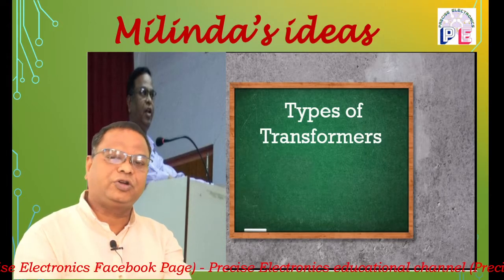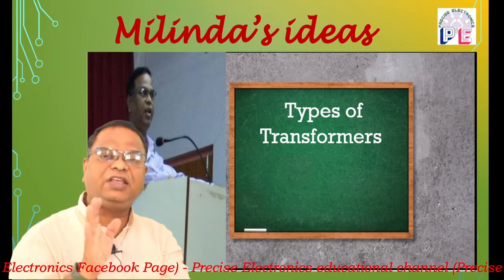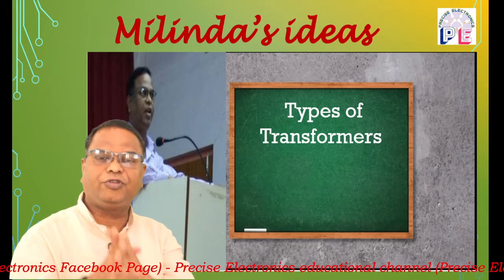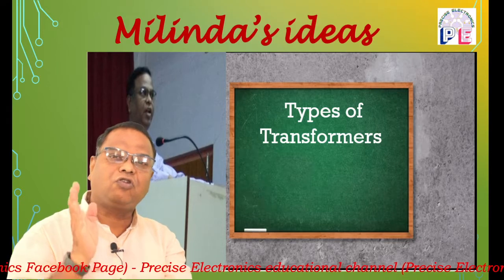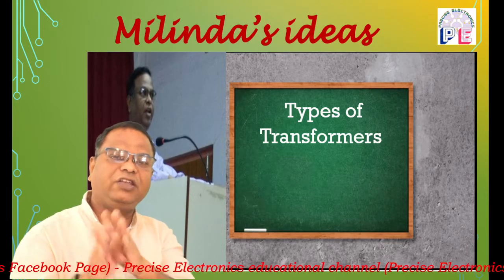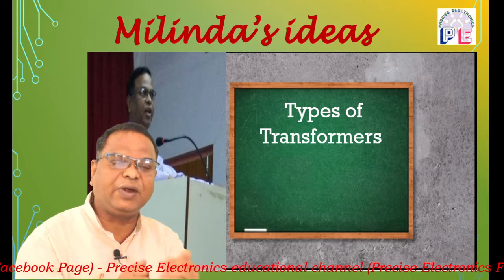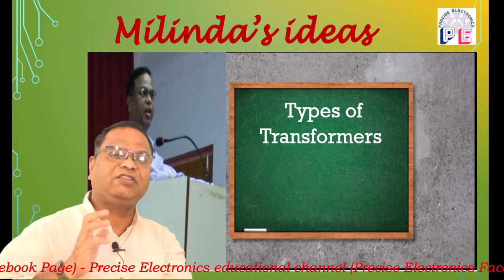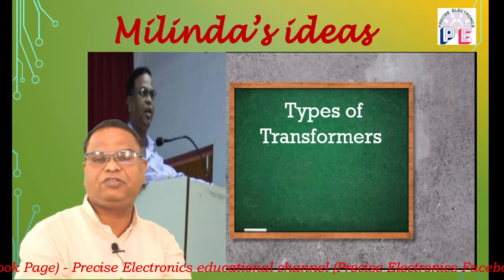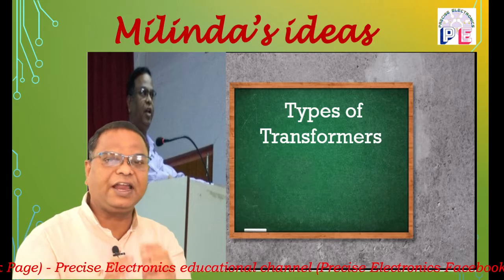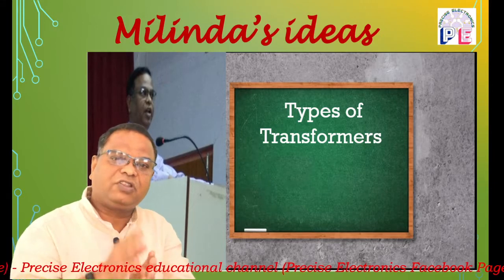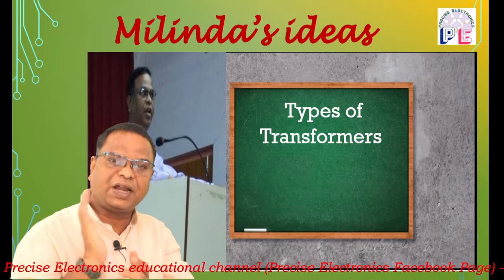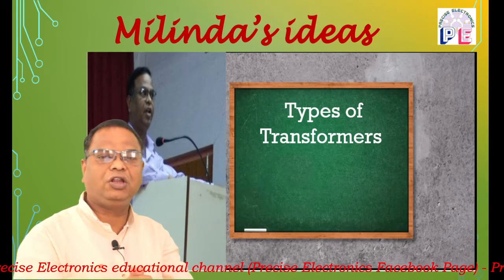What is a transformer? A transformer is an electrical component which is used in both electronic and electrical appliances for conversion of alternating voltage, that is AC voltage, into required AC voltage. These transformers are based on the principle of mutual electromagnetic induction. In transformers, there are two coils, primary and secondary coil.